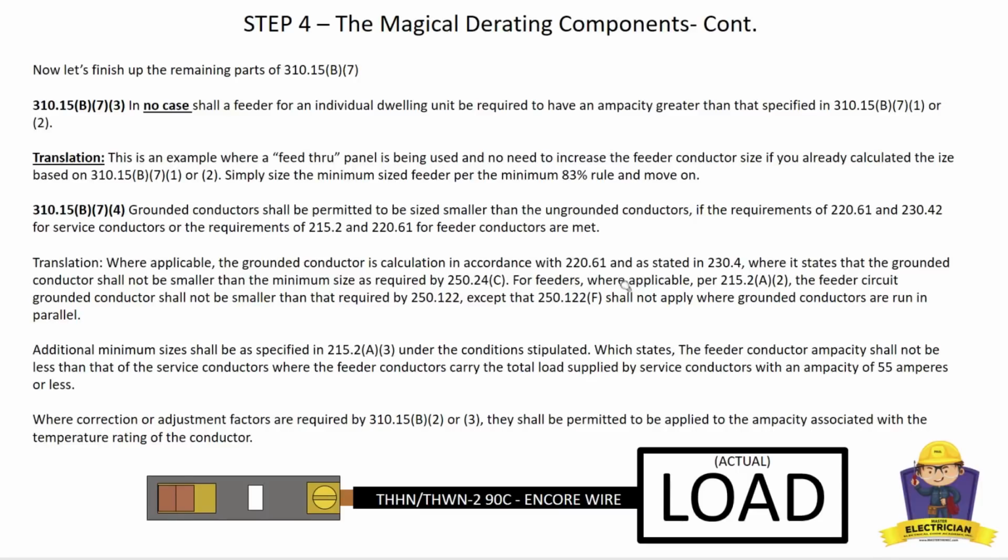And then when you're dealing with feeders, where applicable, 215.2(A)(2), the feeder circuit grounded conductor shall not be smaller than required by 250.122. Okay, so since we have an overcurrent device ahead of the feeder, it's saying it can't be smaller than what would be required under 250.122 for an equipment grounding conductor. So basically there's your rule for a feeder. It can't be smaller than that. It might be larger based on whatever the calculation of 220.61 came up with, okay?